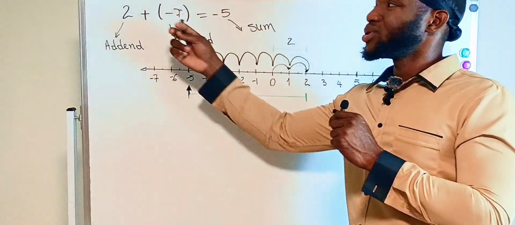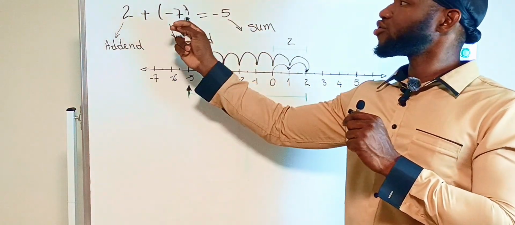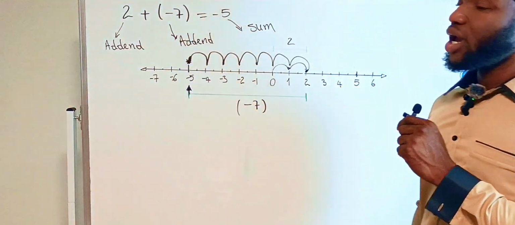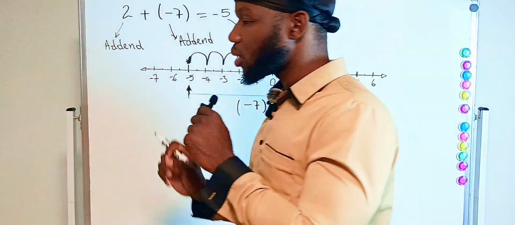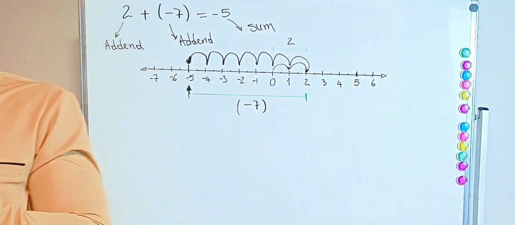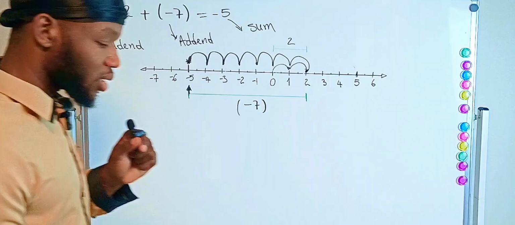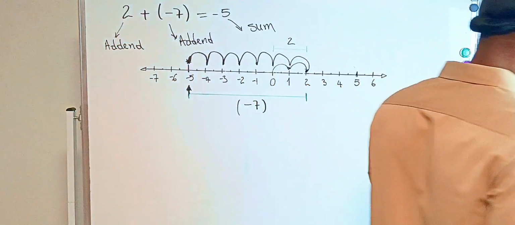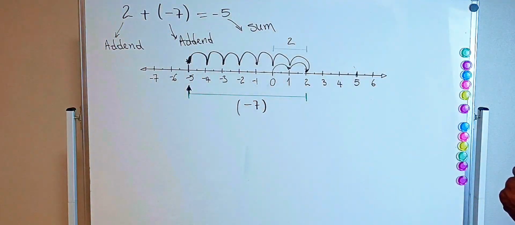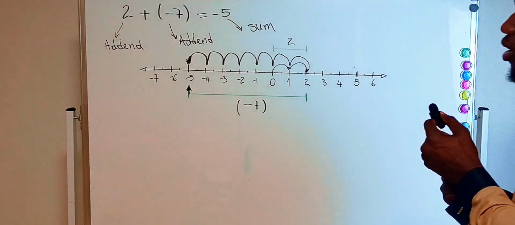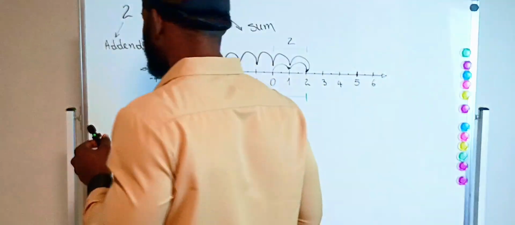It's like we subtract 2 from 7, and we keep the sign of the largest absolute value.